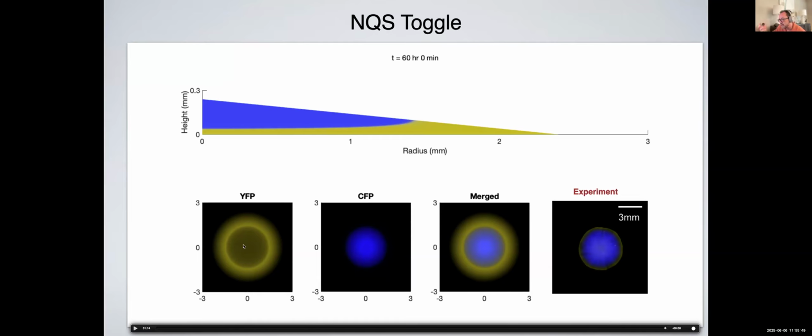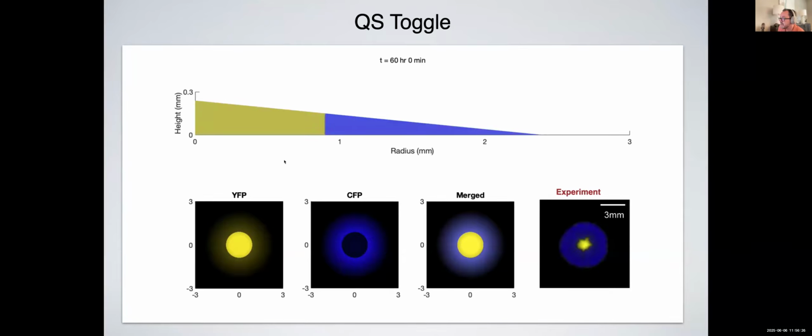If you start, the yellow cells tend to be more dominant, tend to be on. But as you grow, the blue cells appear at the top, and you get a ring pattern, essentially, because if you image the colony from the top, you see the blue cells on the top, and the yellow cells are at the boundary because there are no blue cells. So essentially take this and spin it around, right? This is half the cross section of the colony, right? And so if you merge the yellow fluorescent and the cyan fluorescing cells, you get exactly the pattern you see in the experiment.